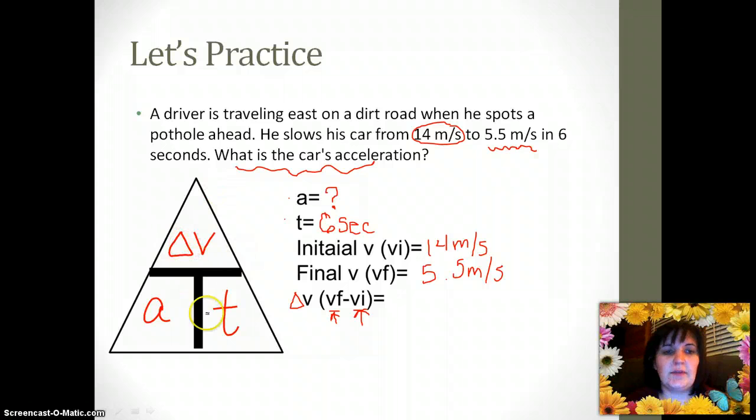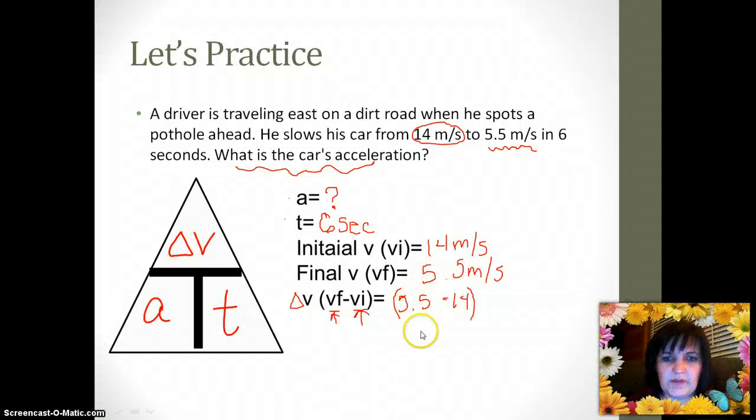So before I can plug and chug, I need to figure out what delta v is. And to do that, I take the final velocity, 5, minus 14 to get my delta v. So I'm going to use my calculator, and I just have my phone calculator, which is fine to use.